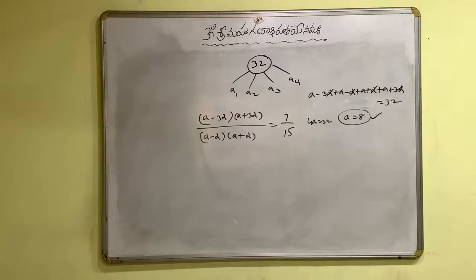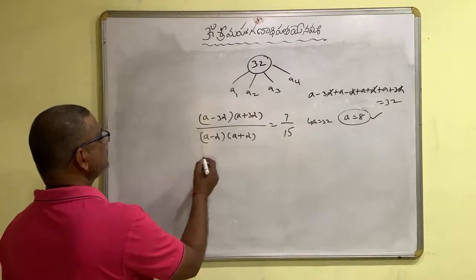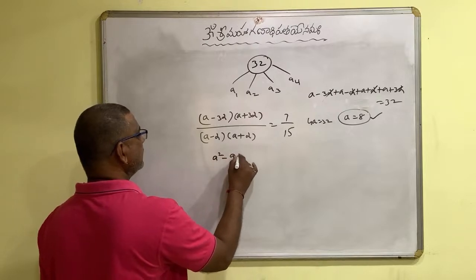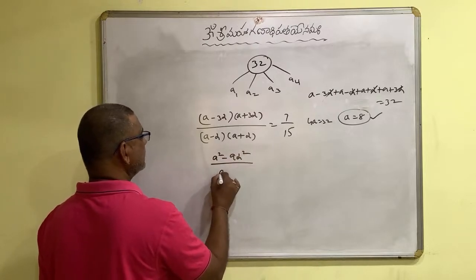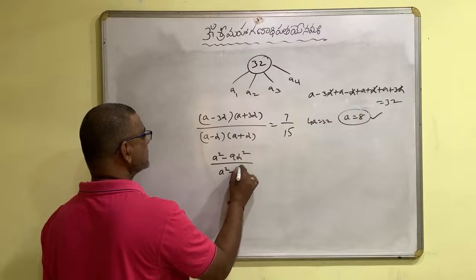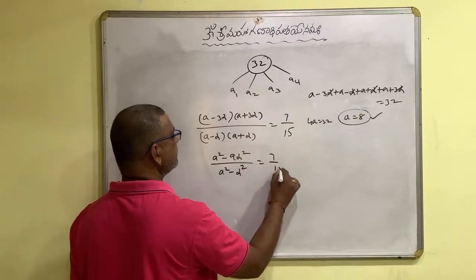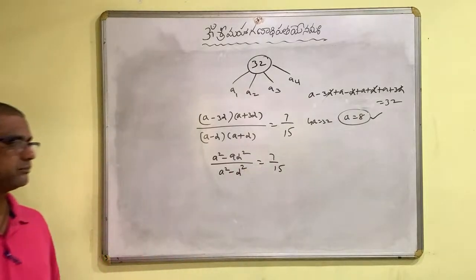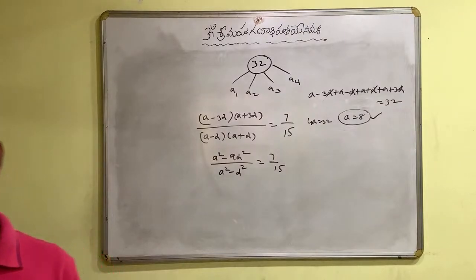Yes, a minus b into a plus b is a square minus b square. So here numerator becomes a square minus 9d square, over a square minus d square, is 7 by 15.